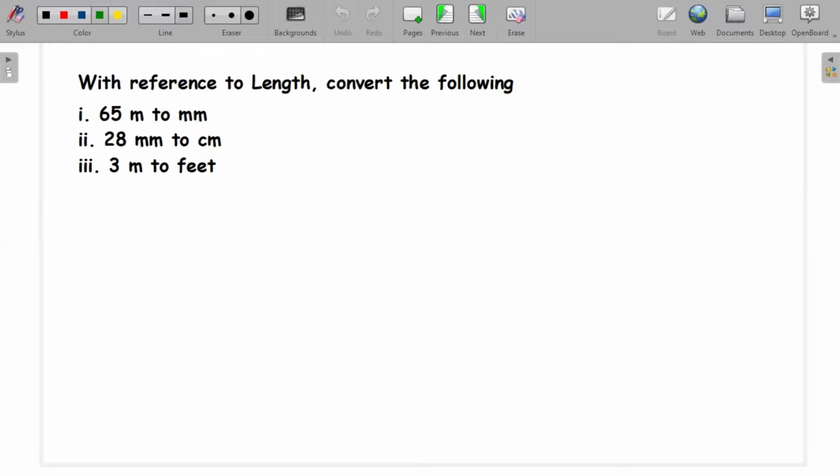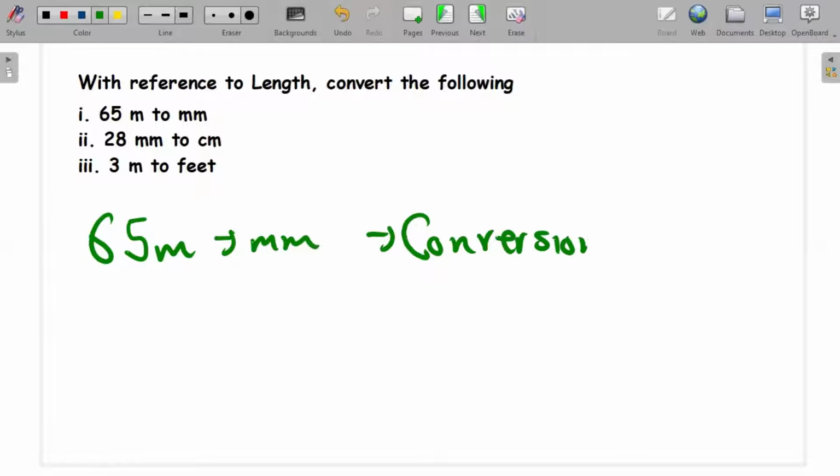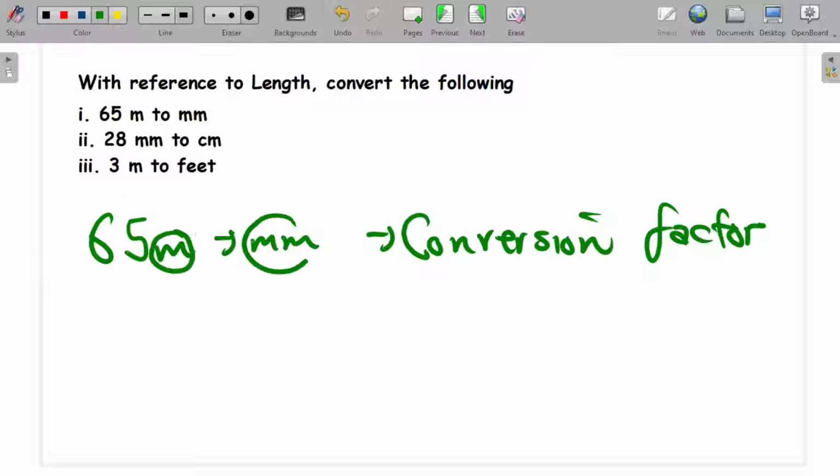So how do we convert 65 meters to millimeters? We're going to use what we call a conversion factor between the meter and the millimeter. So how can you describe a conversion factor?